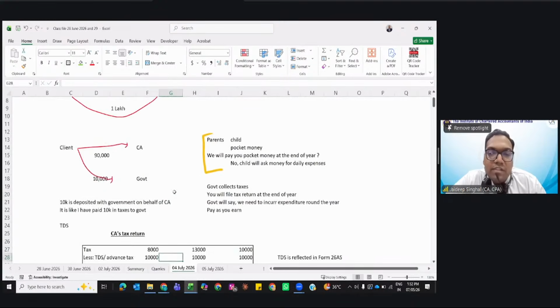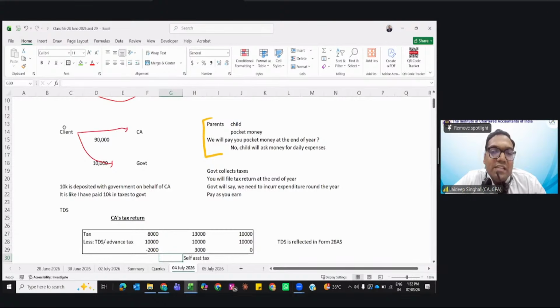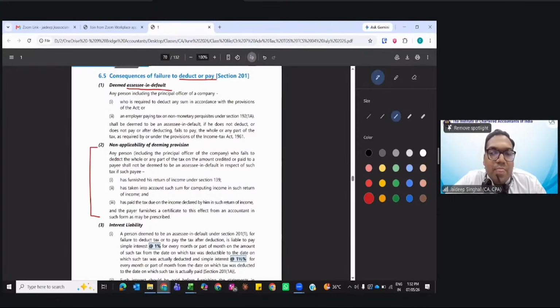If the CA pays, the government will say, okay, a person who fails to deduct will not be treated as an assessee in default if the other person files the return of income, includes such income and pays the taxes, and a CA certificate is required to this effect. Then the client will not be treated as an assessee in default.